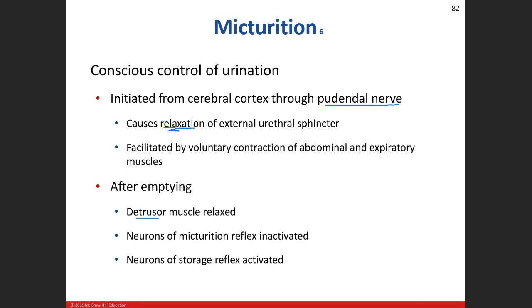And now we will engage back into the storage reflex. When that occurs, we'll activate all the neurons of the storage reflex. That's going to be the sympathetic neurons that cause the internal urethral sphincter to contract, and then we'll have relaxation of the detrusor muscle.